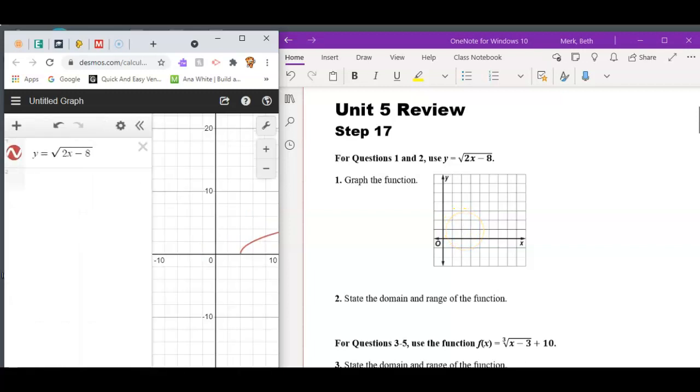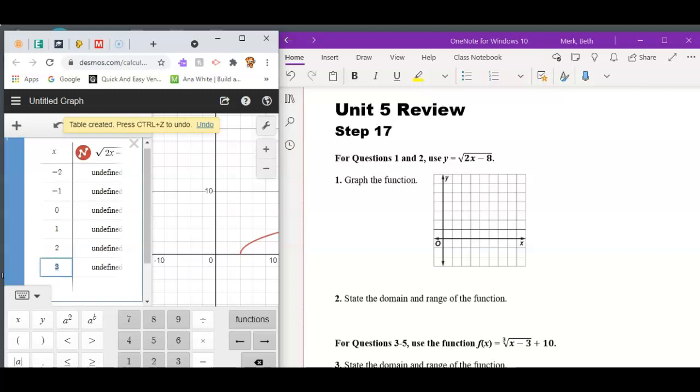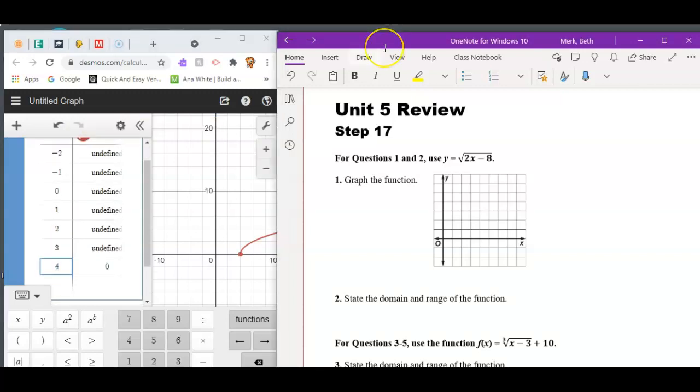So I'm going to go ahead and press the gear wheel in the table to find out some nice points. As you can see, I don't have any until I get to 4, and then I have the point 4, 0. One, two, three, 4.